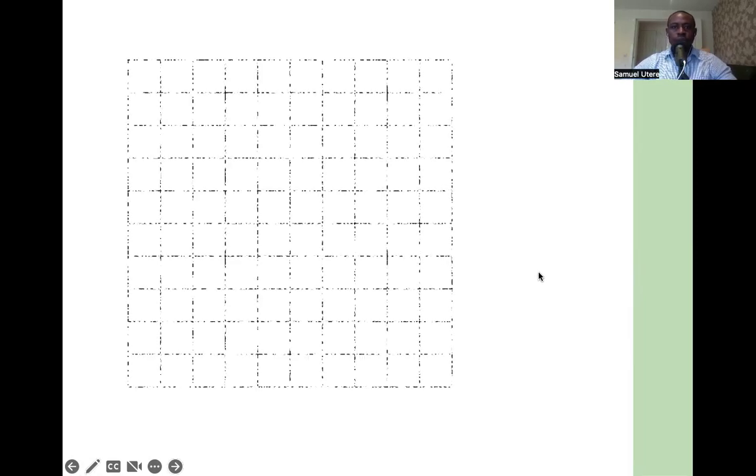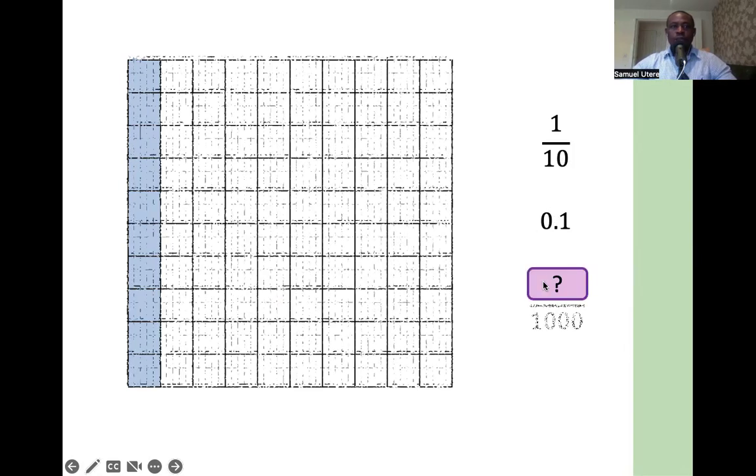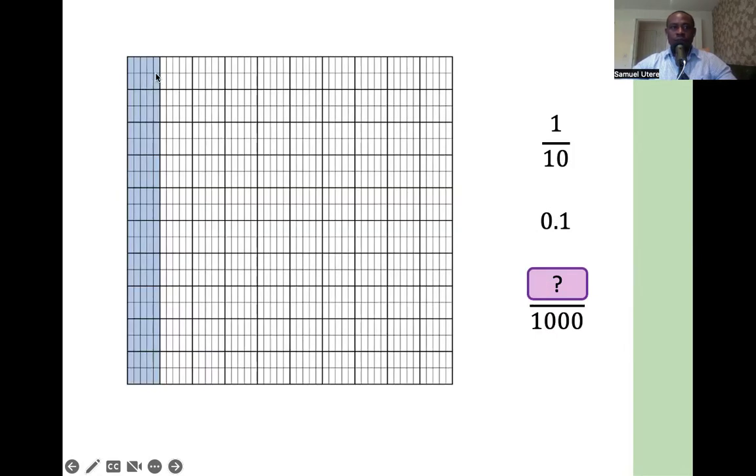Okay, what about this one? How would we represent this as a thousandth? Well, 1/10 is 0.1. If we split each of the little squares into 10 parts, it means this part that is shaded is 10 lots of 10, which is 100.